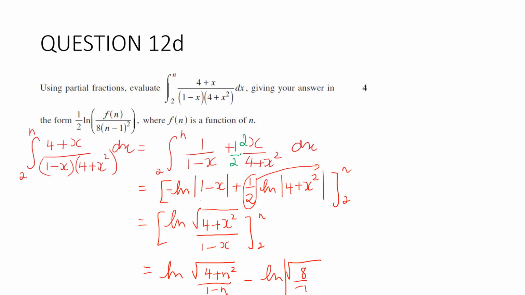Now remember, that's absolute values, so that's going to be equal to ln square root of 4 plus n squared, in fact I should have absolute values there as well, over 1 minus n, take away ln root 8.